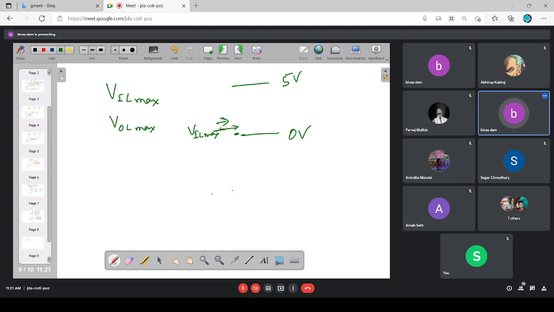Now VOL max. VO stands for output signal level. So while outputting a logic 0 signal, the device is ensuring that the output signal will be maximum this much. So once again, I'll be having two levels.